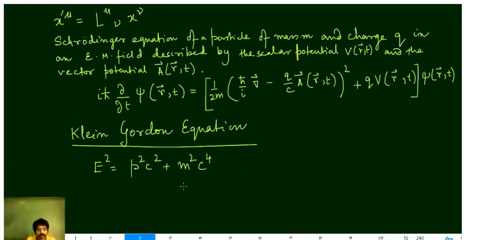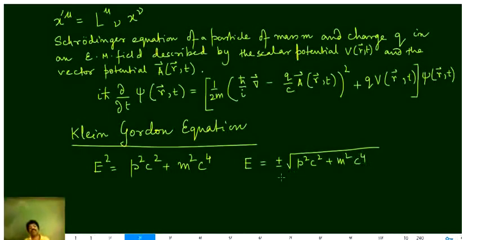Okay, before going into that, let me tell you something. Once this dispersion relation is taken, E is immediately plus minus root over P square c square plus m square c to the power 4.